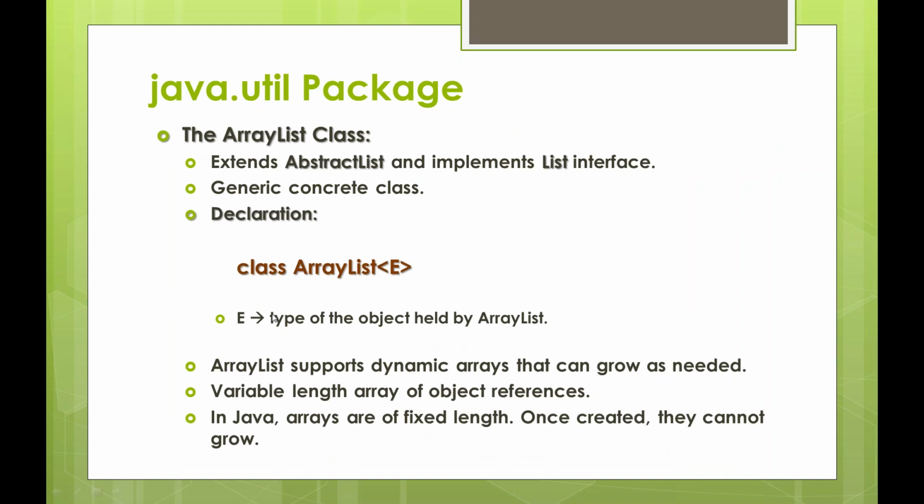Okay, let's get started. We'll start with the ArrayList class. ArrayList is a concrete class which extends AbstractList and implements the List interface. As we know, most of the classes in collection are generic classes, so the declaration is ArrayList, where you specify the type of objects stored in your ArrayList.